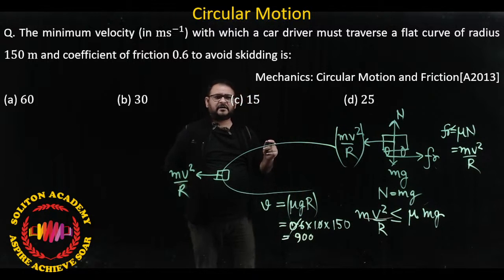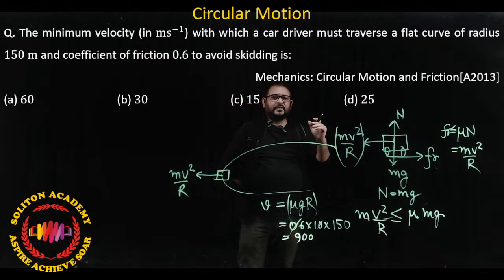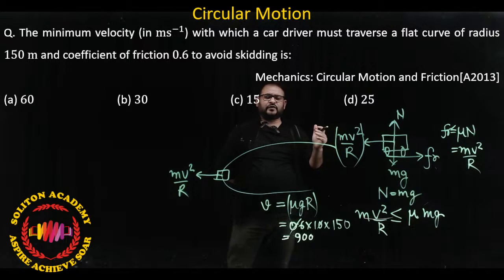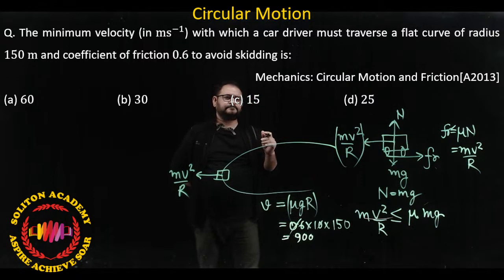so this is really high, meter per second. What should be the case with which a car must traverse a flat curvature? Okay, ये flat curvature क्या है?